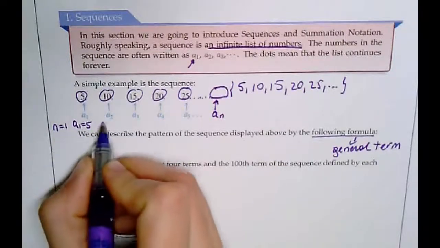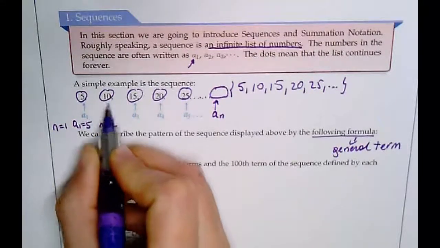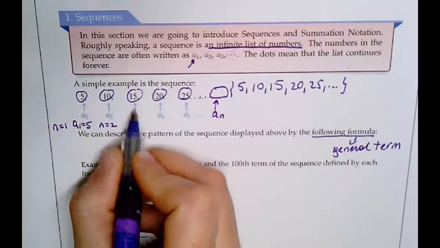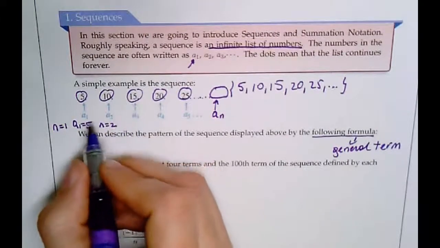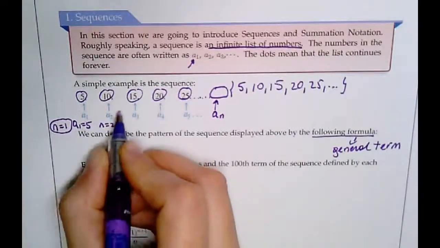When n equals 2, A2 is 10. And when n equals 3, it's 15.